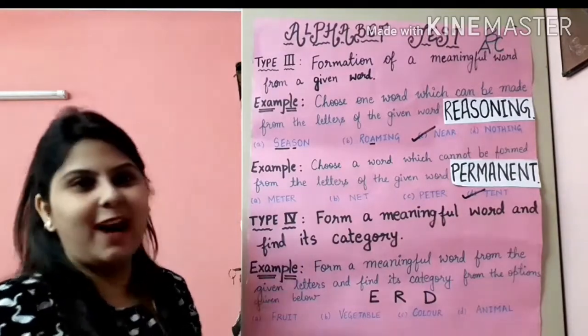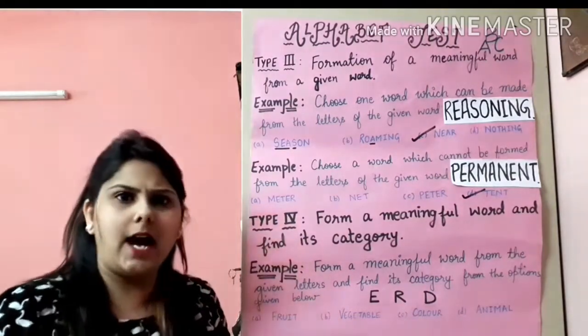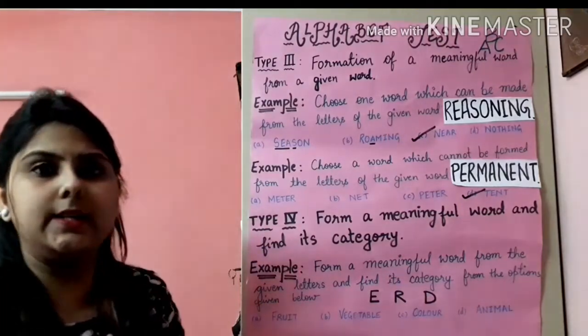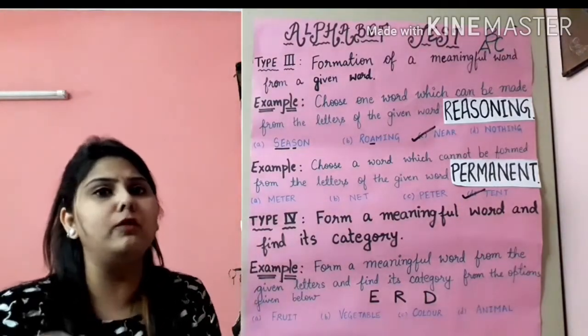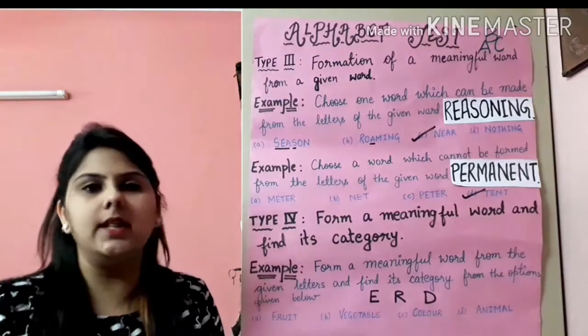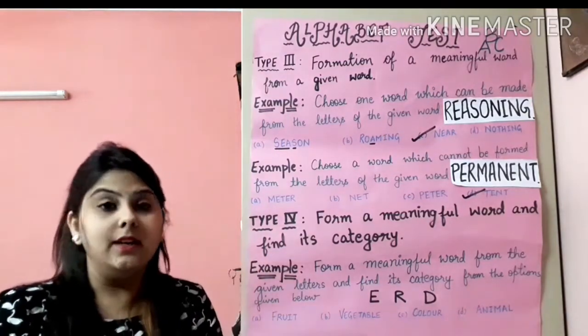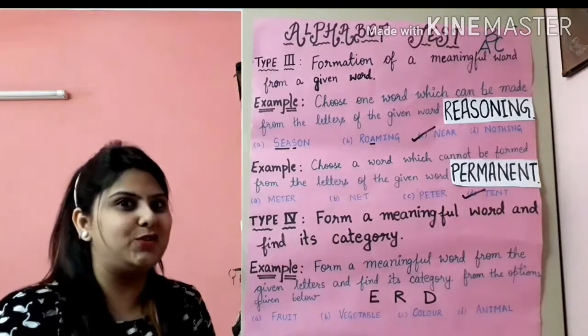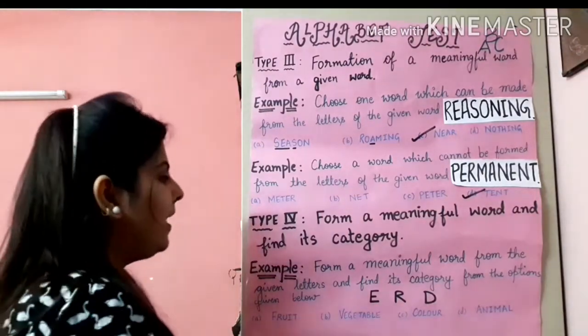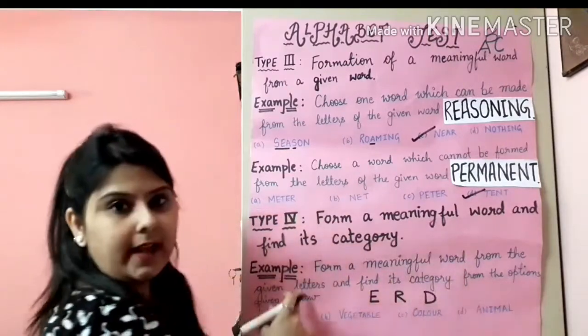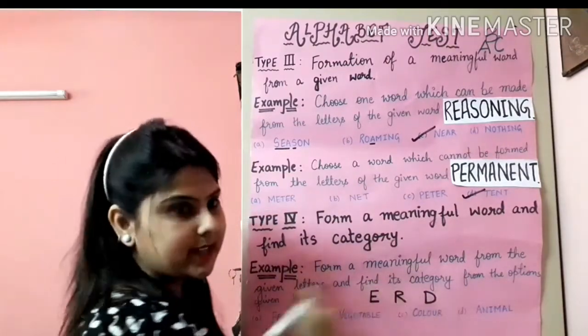Now moving on to the last type, that is type number 4. Type 4 says that you have to form a meaningful word by rearranging the letters, and then find out its category. This one is very interesting. Let's see how. It says, form a meaningful word from the given letters and find its category.